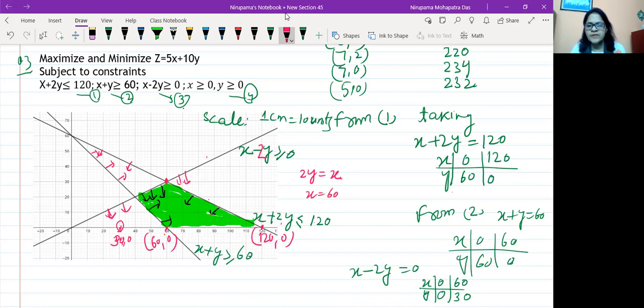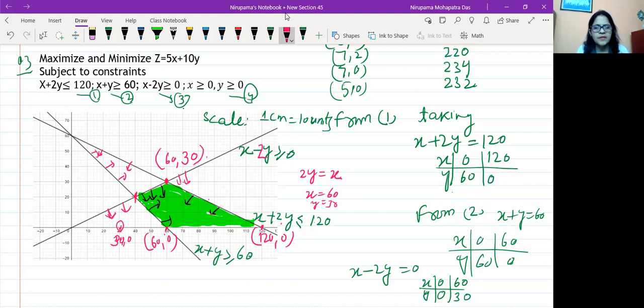And x is 60 means y will be what? 2y equal to 60, so y equal to 30. So here it is 60, 30. You can check it from the graph also, so that we are sure not to make any mistake.